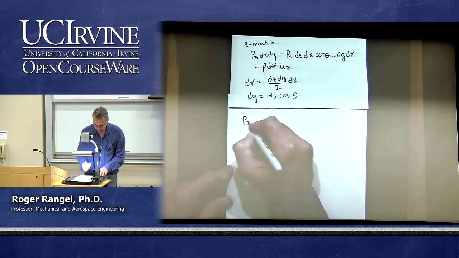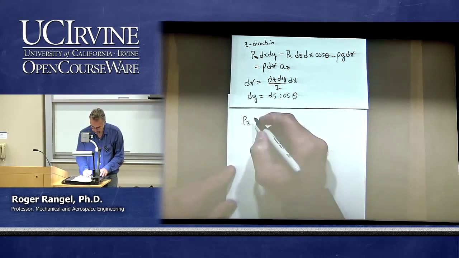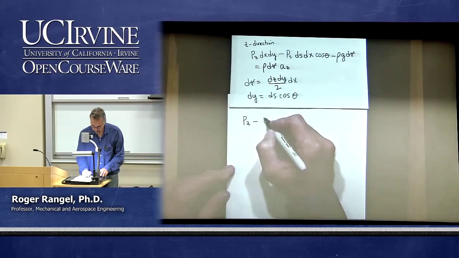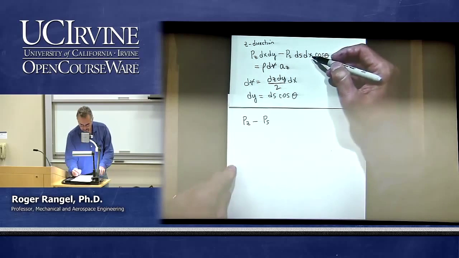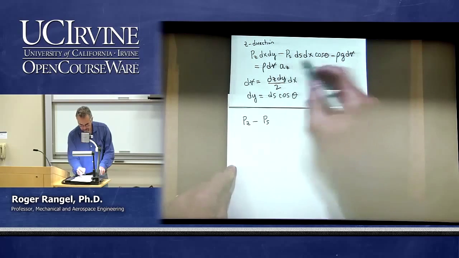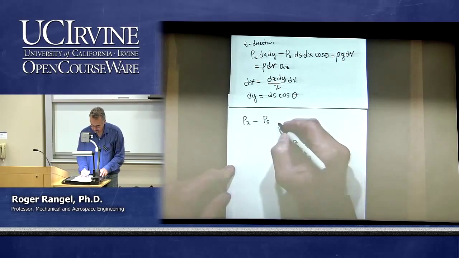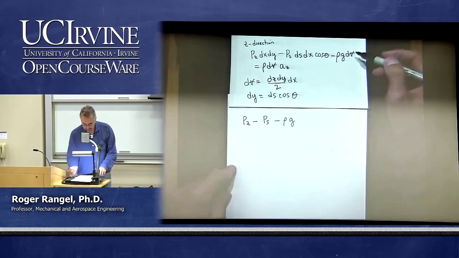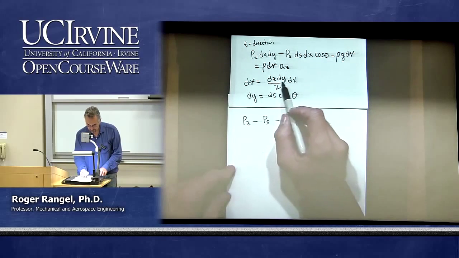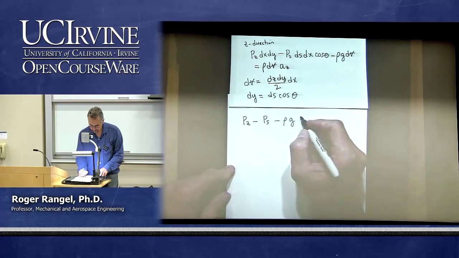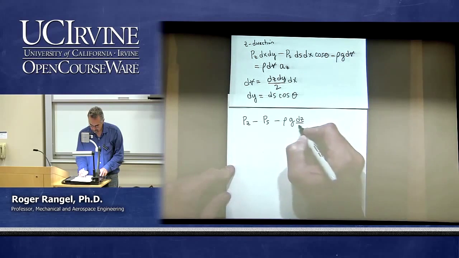pz, dy will cancel, minus ps. I divided by dx. ds is dy over cosine theta, so that I'm also dividing by the dy, minus rho g. The dv is dz dy dx over 2. I divided by dx and divided by dy, but I still have the dz over 2.